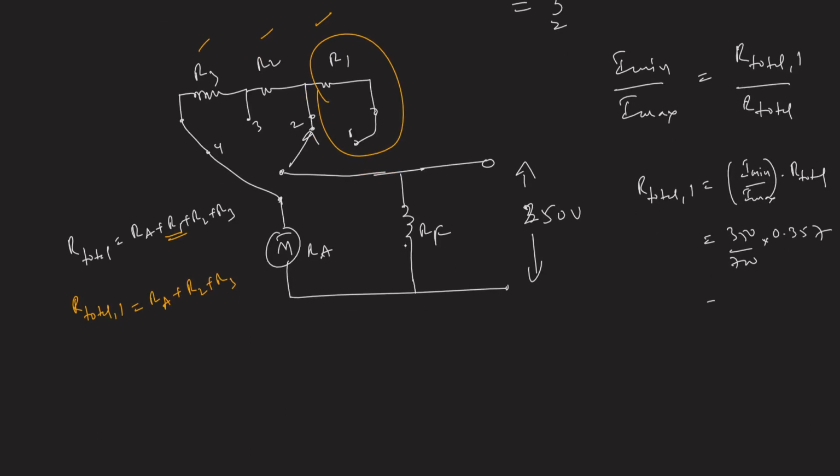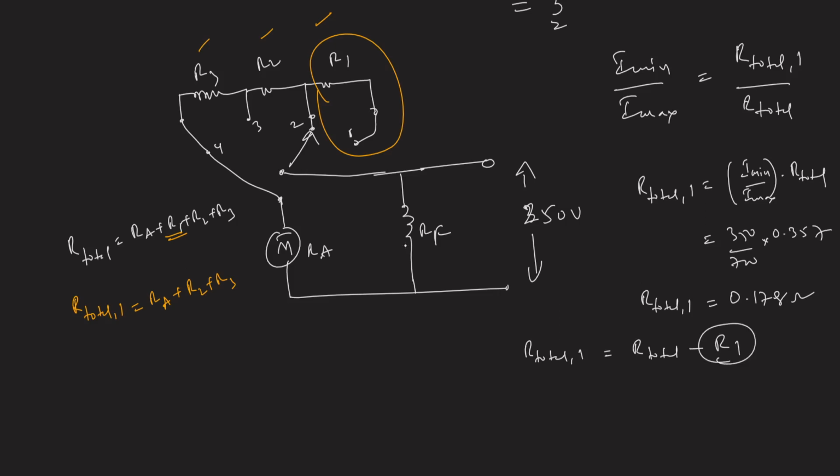So how much is this value? 0.178 ohms. So this is R total comma 1. What is R total comma 1? R total comma 1 is R total minus R1.